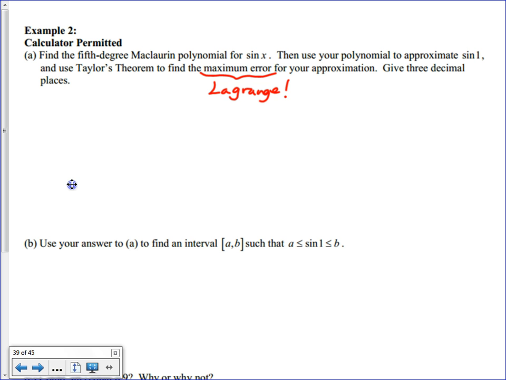The Lagrange, right? But the nice thing is it's a Maclaurin, so we don't even have to do any work, right? So it would be our approximation. Sine has what kind of symmetry? Odd, right? So I'm going to have x minus 5th degree, right?